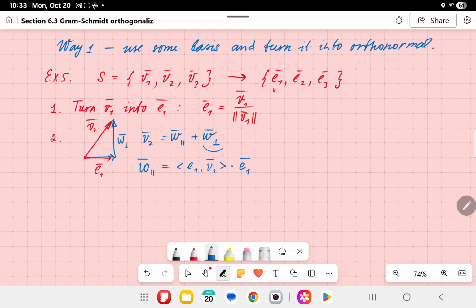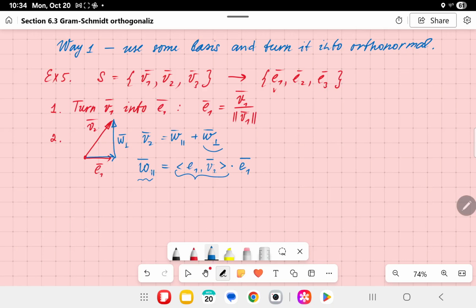How do I know that this vector is parallel to e1? Well, this is just a number, and it's multiplied by e1. So basically that's the vector e1 stretched or shrunk. You will probably see that that's a parallel projection, but I don't really care whether it's a parallel projection or not.